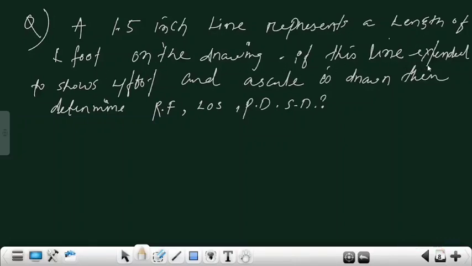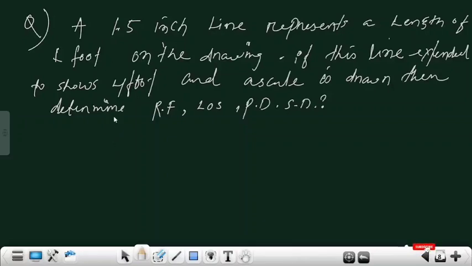If the line is extended to show the 4 feet and its scale is drawn, then determine the RF, length of scale, primary division, secondary division. Given 1.5 inch, what does the 1.5 inch represent? This represents the drawing length.